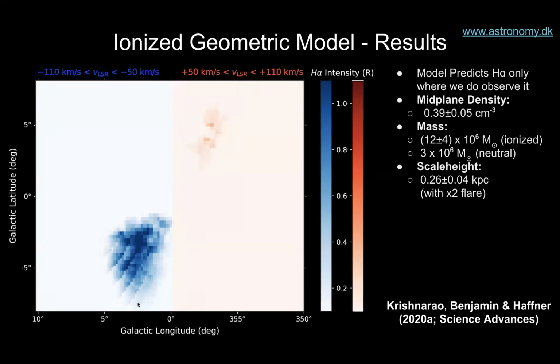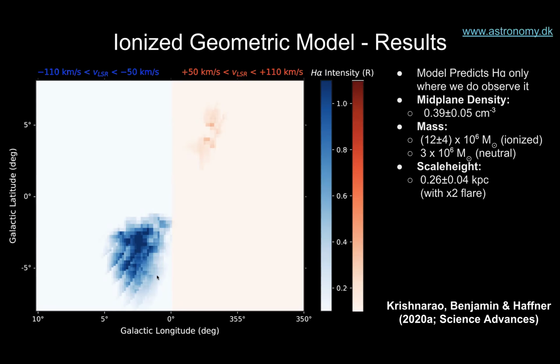And what you should really focus on is down here in these negative velocities towards Baade's window. This is pretty much exactly where we do detect our H alpha gas from WHAM. We don't yet see any of this, but it is also much fainter, and we just haven't had the time to do the observations there.